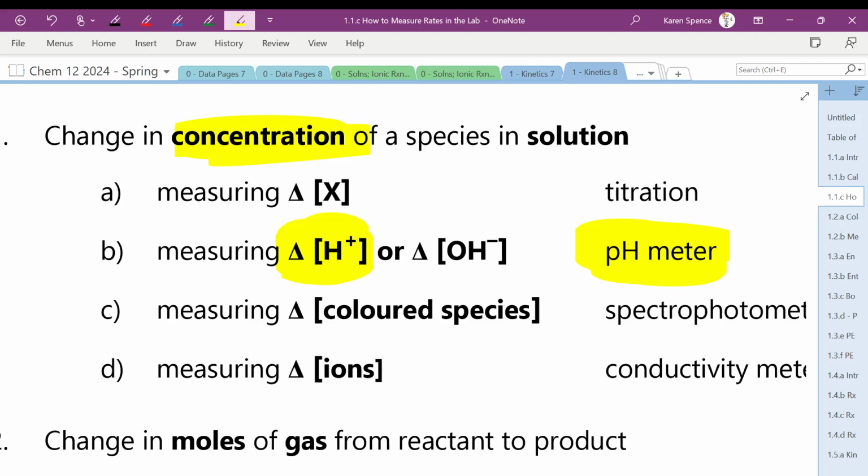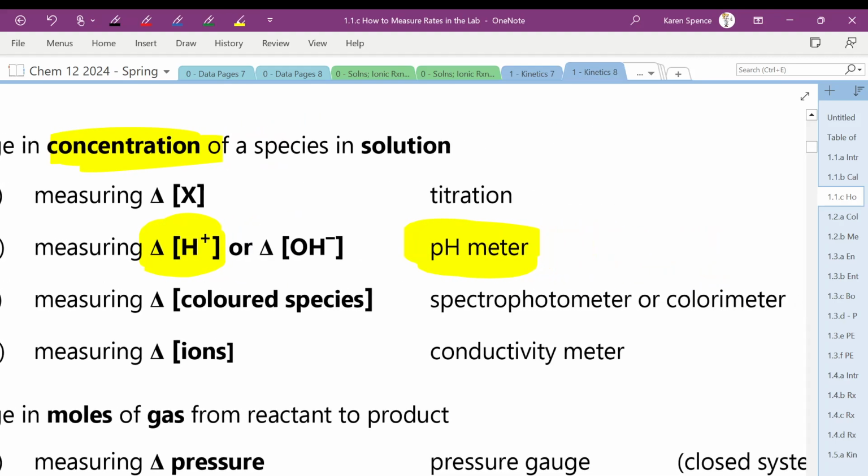One thing we haven't talked about yet is if we have something that is colored, yes? So if we have an ion which is blue and it gets used up and becomes colorless, then there is actually a little machine called a spectrophotometer. You don't need to remember that name, okay?